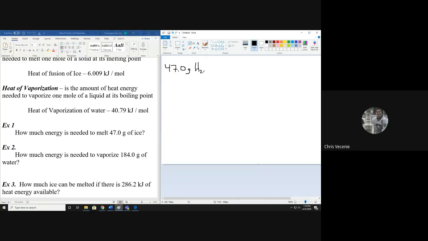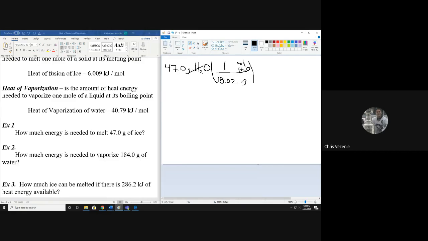Just like always, I'm going to convert this thing into moles. Not a mole to mole ratio, so 1 with moles. Gram number comes from the periodic table. I take 2 H's, which are 1.008, plus the 16.00 for the oxygen, and you're going to get the 18.02 grams.